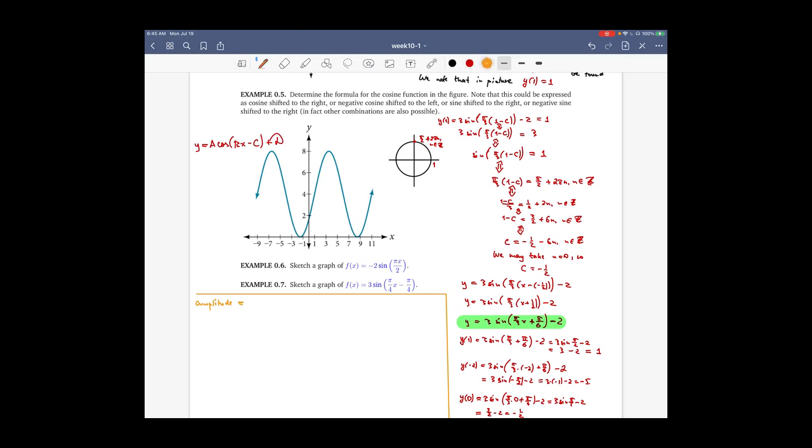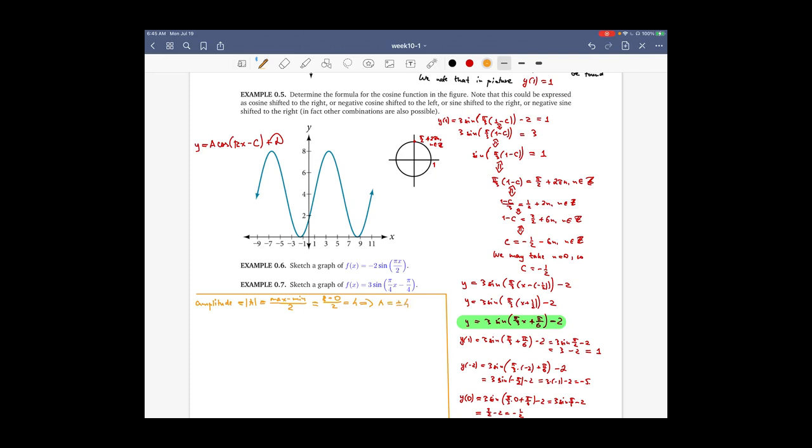And amplitude on the one hand is absolute value of a, on the other hand it's half the difference between max and min. So the max value seems to be 8, the min value seems to be 0, and so the amplitude is 4, so a is plus minus 4.